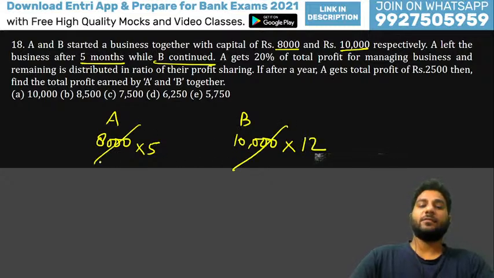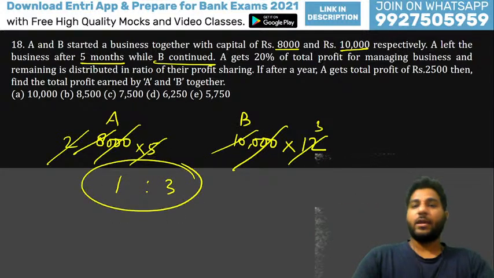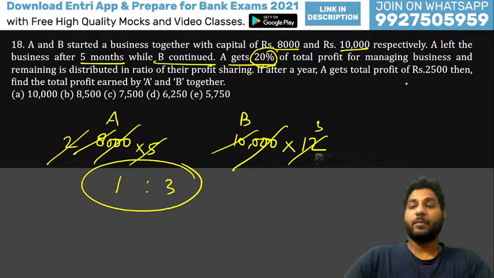So let's figure out. 8 times 5 and 10 times 12 gives 40 and 120, so 1:3 is the profit ratio. But A, as a working partner, got 20% of the total profit. Remember that.